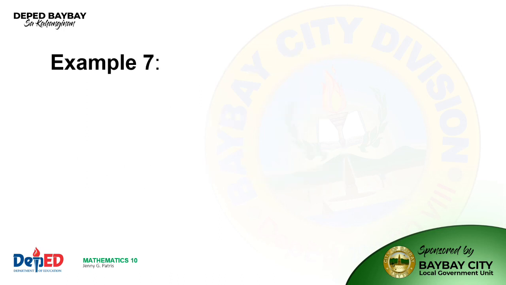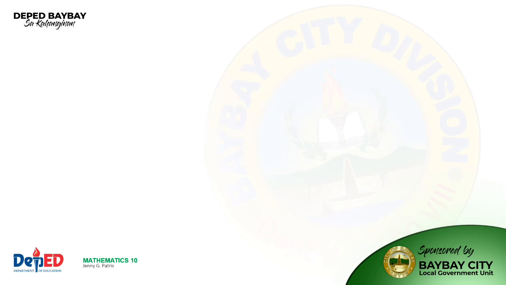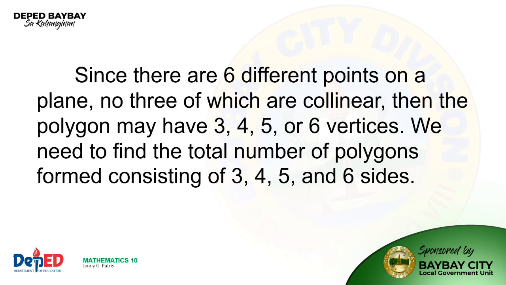Example 7. How many polygons can be possibly formed from 6 distinct points, no 3 of which are collinear? Since there are 6 different points on a plane, no 3 of which are collinear, then the polygon may have 3, 4, 5, or 6 vertices.